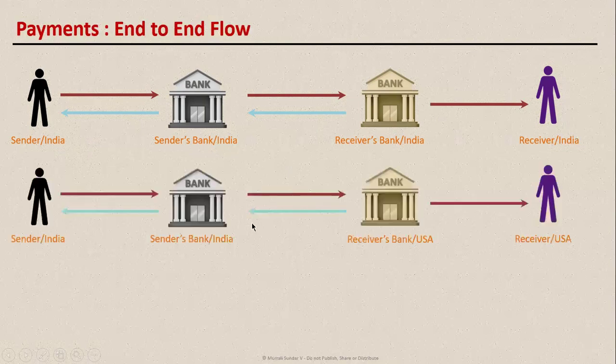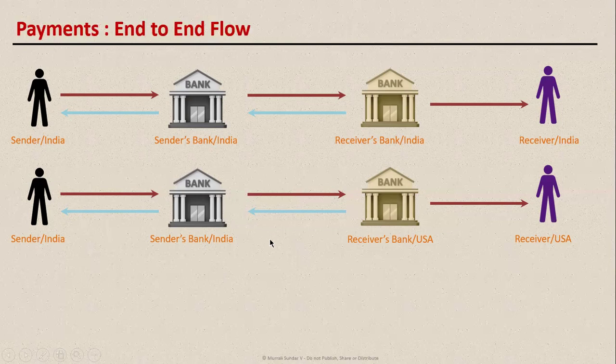Whereas, like you said, we have international payments, technically called cross-border payments, where the sender is in one country, let's say India, and the receiver is in another country, let's say the USA. The banks of the sender and receiver will also be in their respective countries. So the sender's bank would be in India and the receiver's bank in the USA.